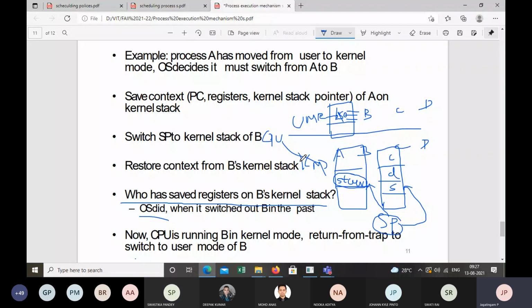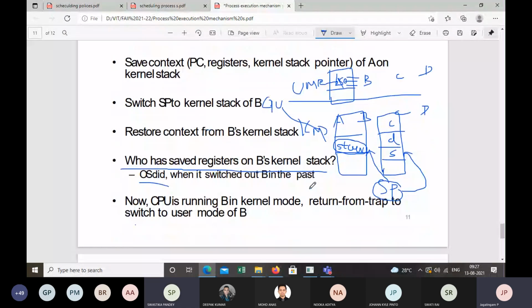Okay, sir. Okay, fine. So if you want to make the CPU go from the kernel mode to the user mode, what special instruction do you execute? Return from trap. Good.